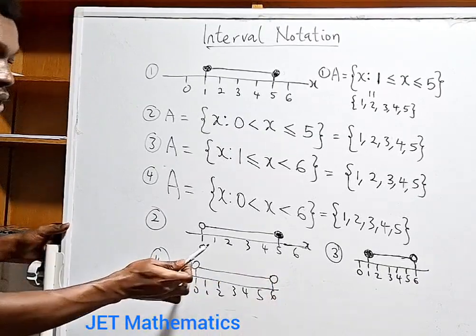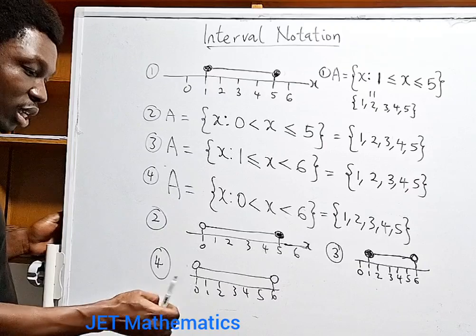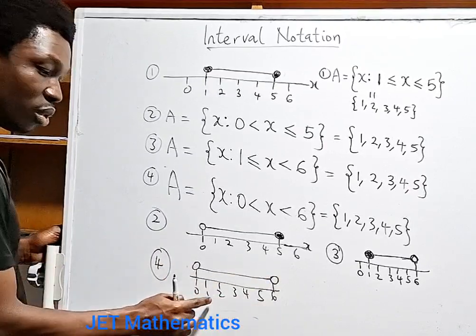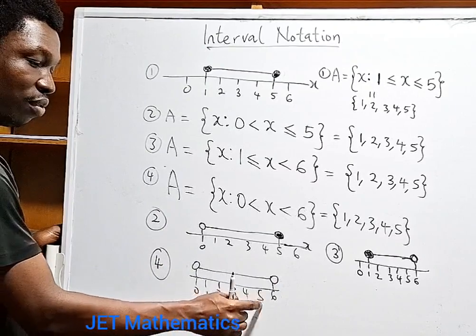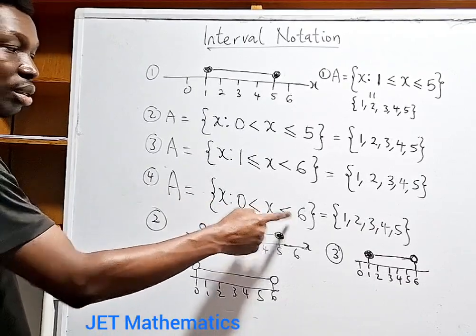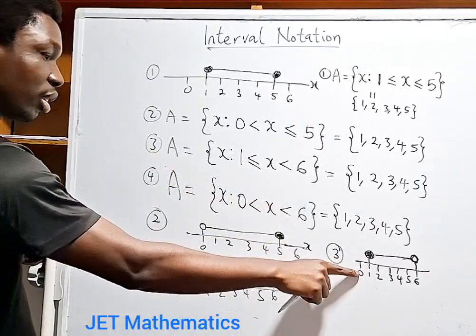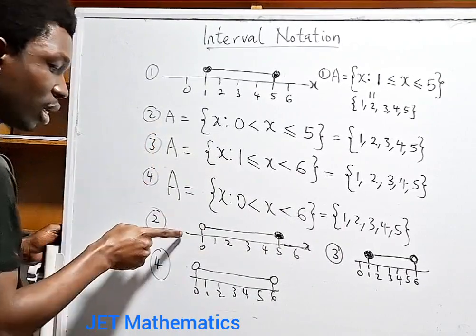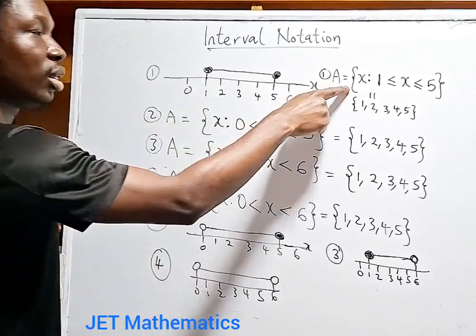The two will be empty. So this is empty, indicating that 0 is not inclusive, 6 is not inclusive. We have 1, 2, 3, 4, 5. So number 4 is represented here. Number 3 is represented here. Number 2 is represented here. And number 1 is this.